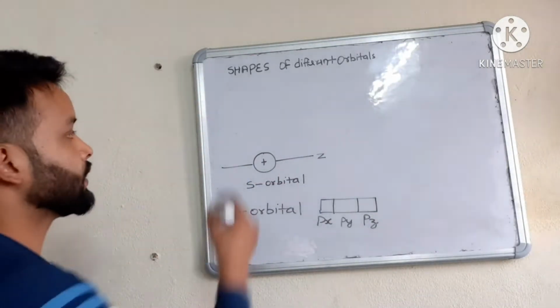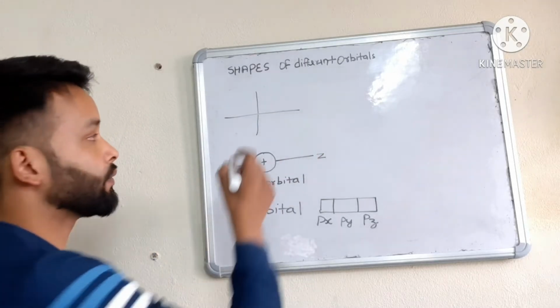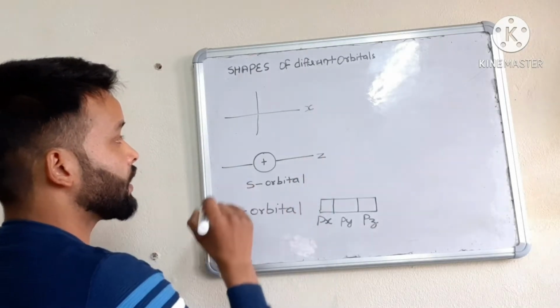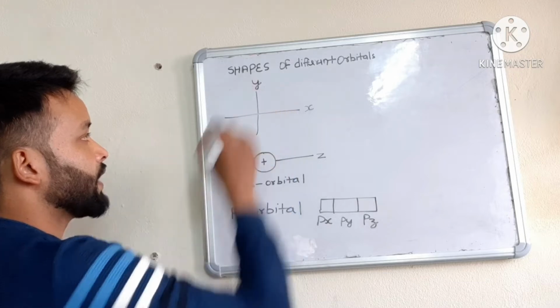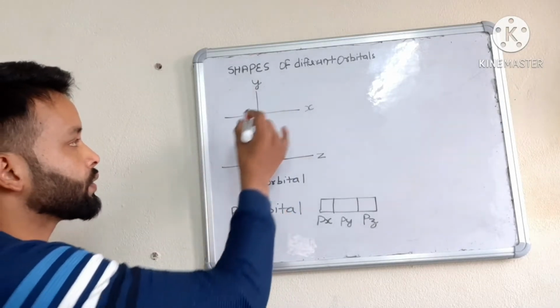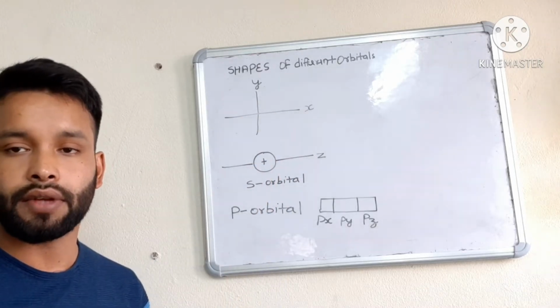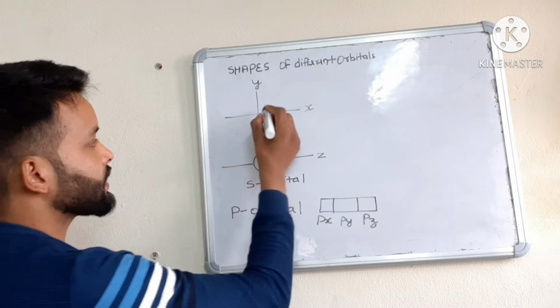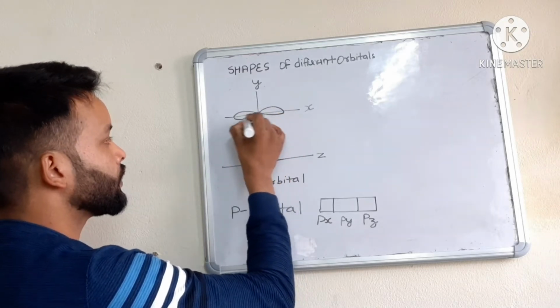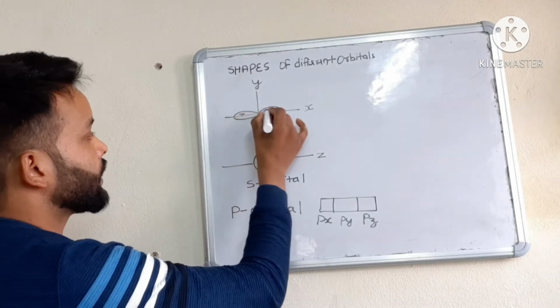So px, okay, suppose that I'm taking this axis as x and this is y. So px, in p orbital, the lobes are drawn in the axis. Okay, in the axis I'll draw the lobes. So px I am drawing. This is px, plus and minus.